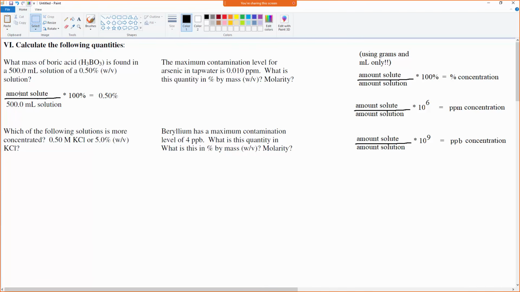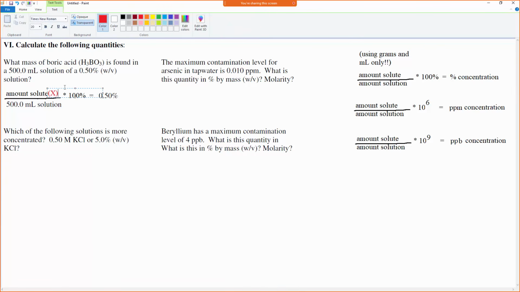And now I can solve for the amount of solute, that's the mass of the solute, or grams, right here. If I use this equation and look at it as an algebraic problem, then I just have to solve for x, and this is my x on top here. Does that make sense?